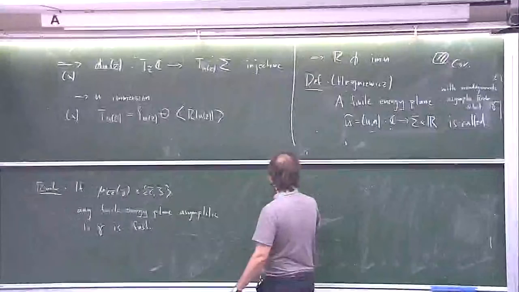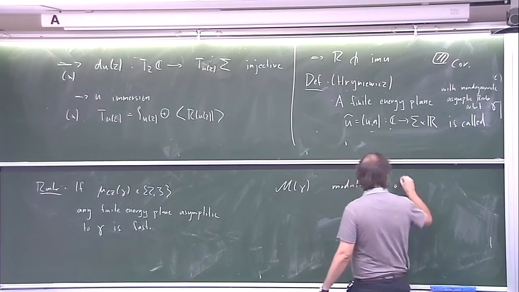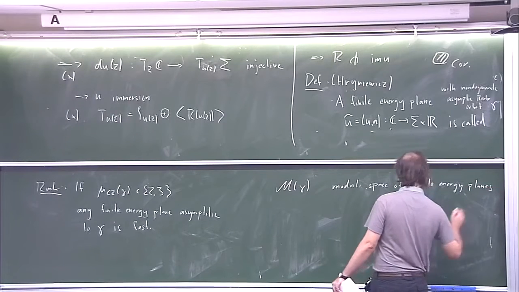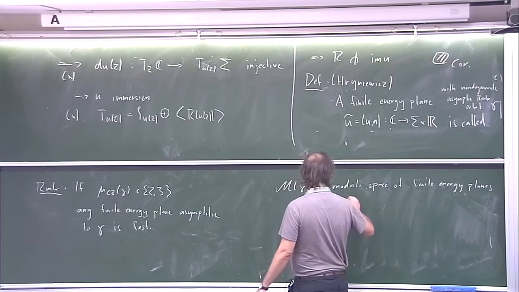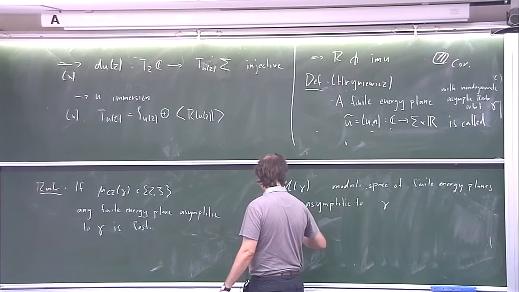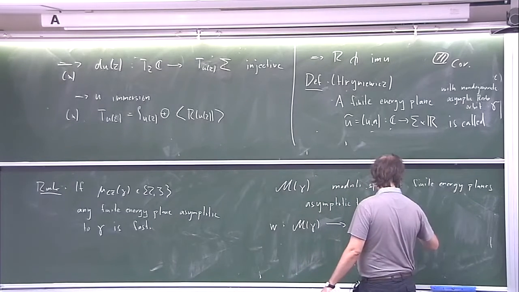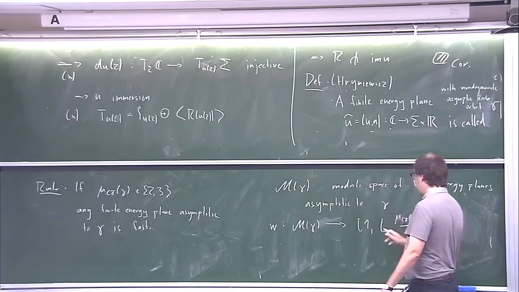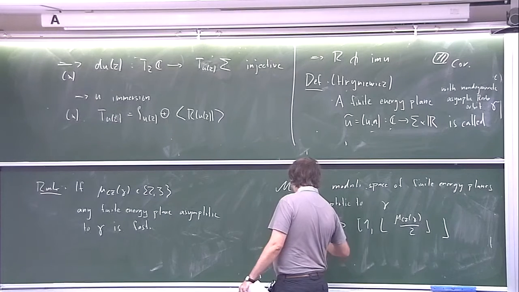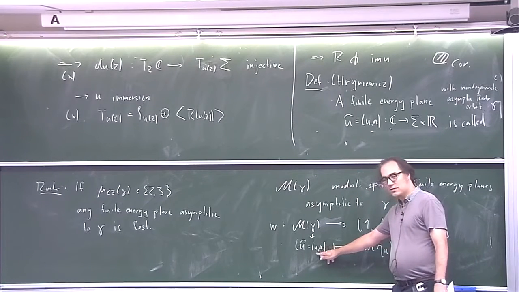So we have M_gamma, this is the moduli space of finite energy planes asymptotic to gamma, and now we have W from M_gamma to the interval 1 to the integer part of half the Conley-Zehnder index, and namely we take here U tilde and map it to eta of U. It depends actually just on U, not on the R direction.